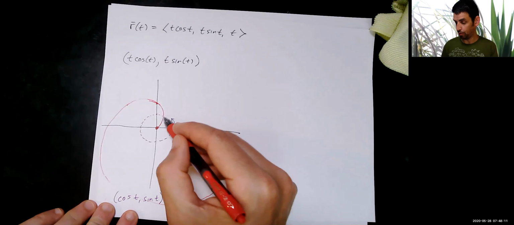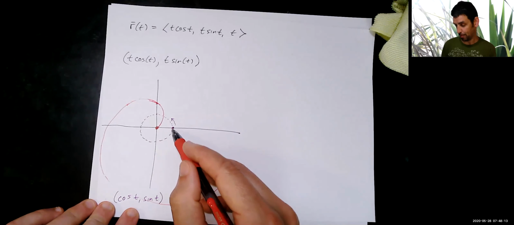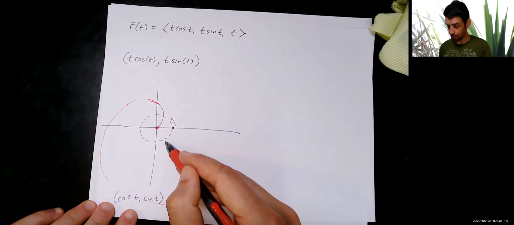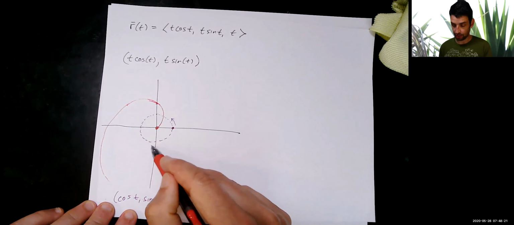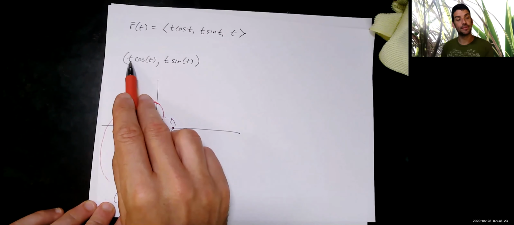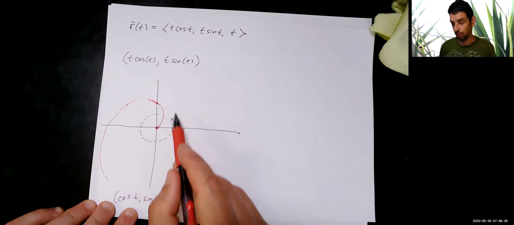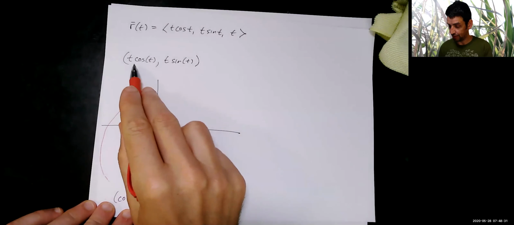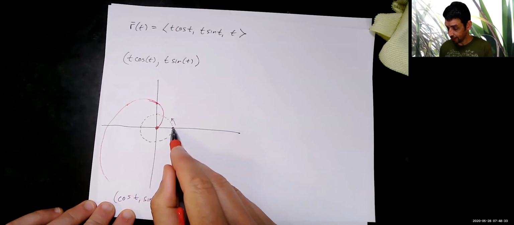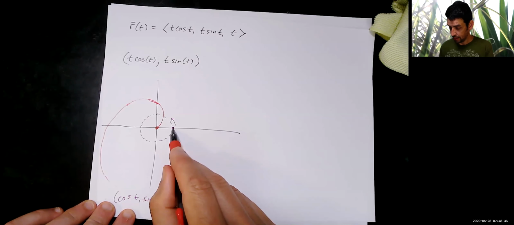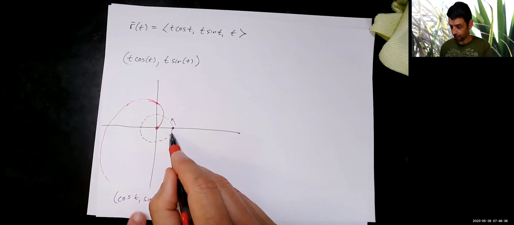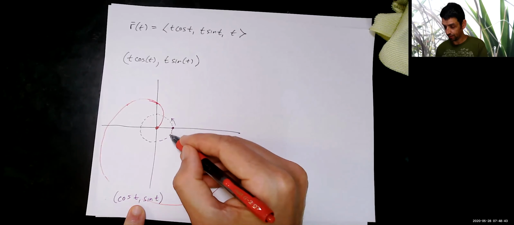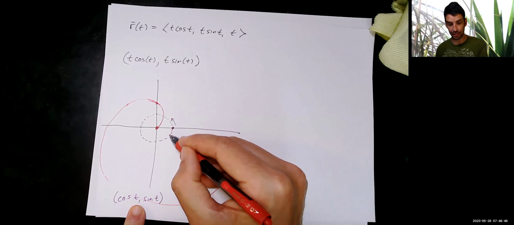Again, starting from this point, the purple circle gives me my direction, right? As I decrease t, I'm going to be moving around in this clockwise direction, but then I'm multiplying by t, which will change the radius. The other trick that happens here is the following. Let's do the same game we did here. As I move in the negative direction, the original, the purple, the unit circle, for instance, when I've moved a little bit in the negative direction, would want to be out here.